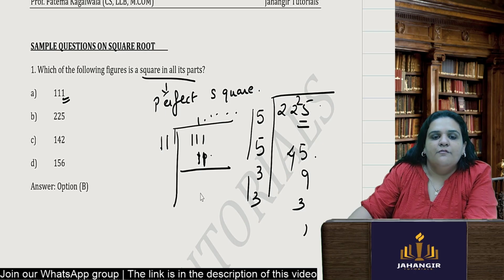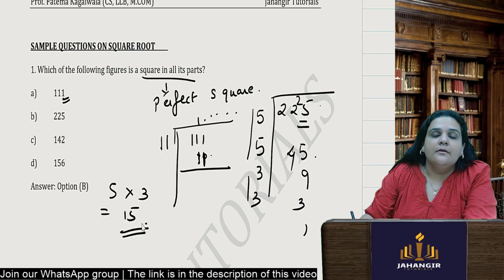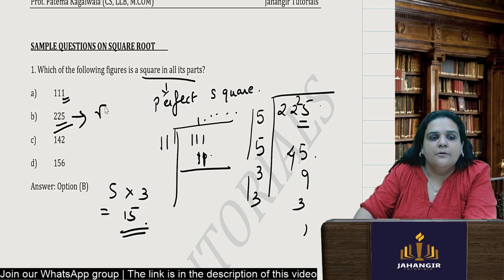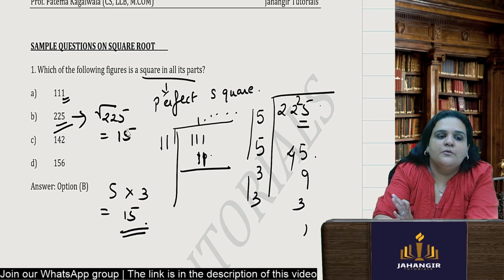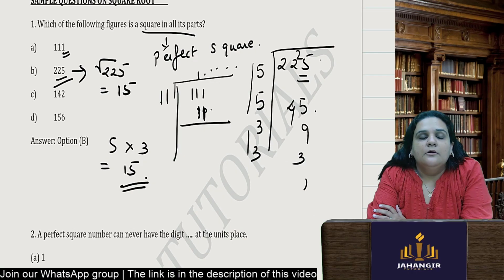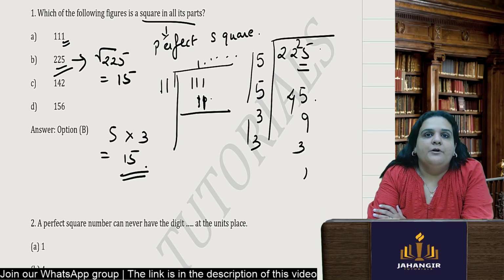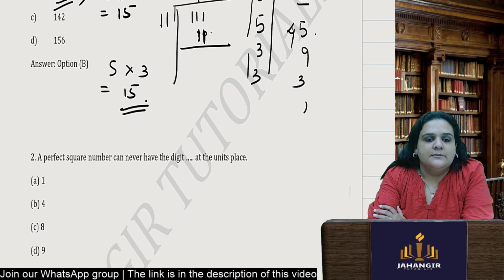So 5 into 3, 15 will be the square root, which means 225 is the perfect square of the number 15. 15 into 15 will give you 225. You can try it for 142 also, you can try for 156, but they are not the perfect squares.